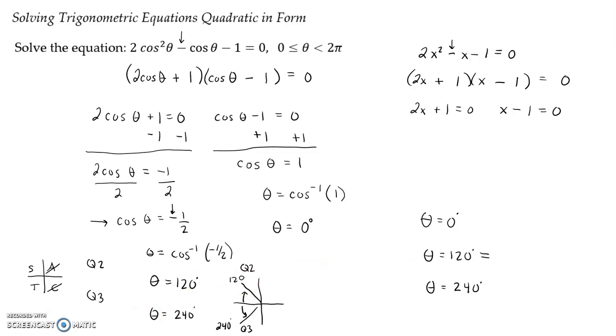So the 120 degree angle measure is the same thing as 2 pi over 3, and 240 degrees is going to be the same thing as 4 pi over 3. And then obviously, our angle measure of 0 degrees is the same thing as 0 radians.